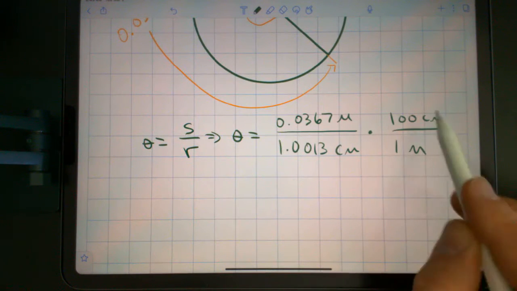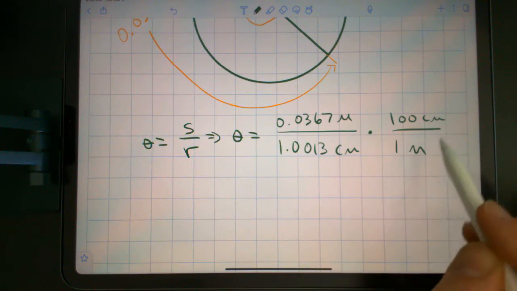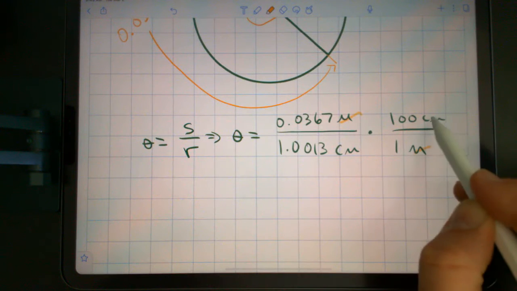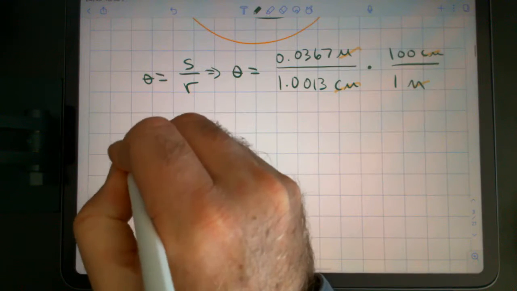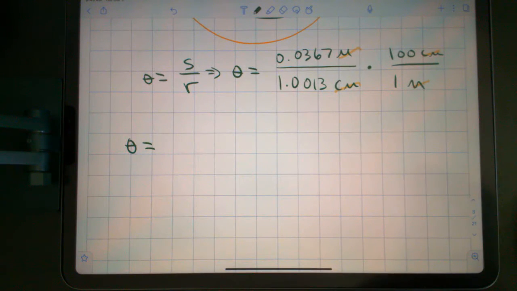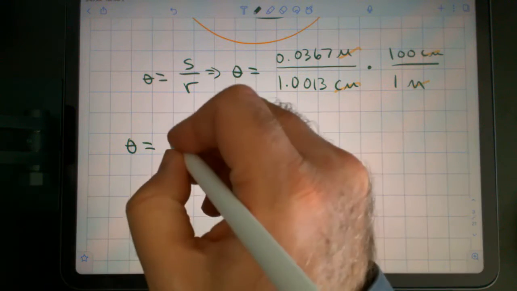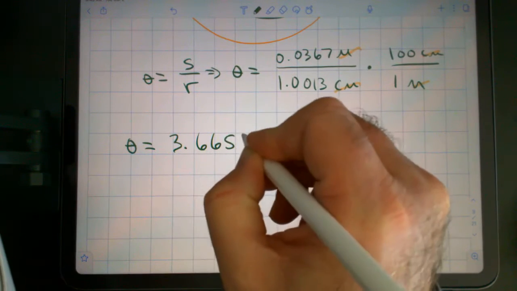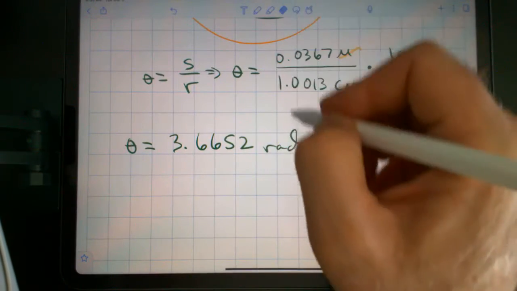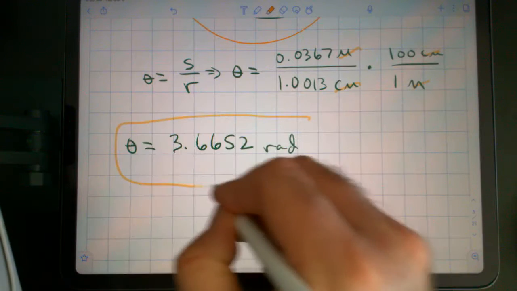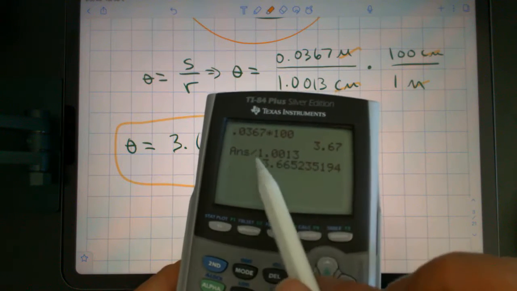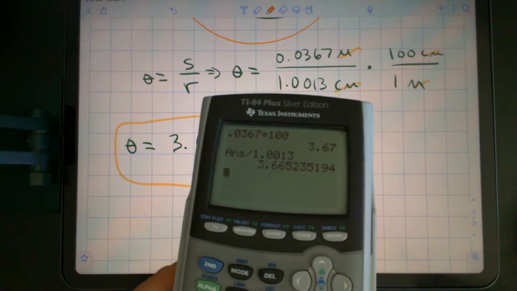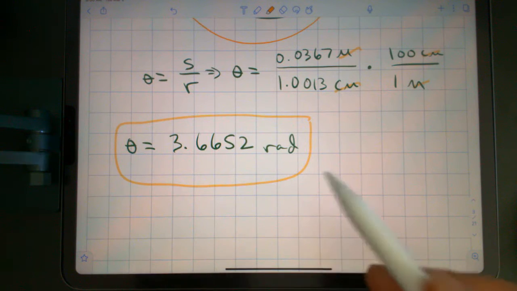The same non-zero number divided by itself is equal to 1, and 100 centimeters is equal to 1 meter. What this will do is the meters will simplify, the centimeters will simplify, and we will get the proper number. This is the numerator, 0.0367 times 100, and then divided by 1.0013 to give me 3.665. And the units, these are radians.